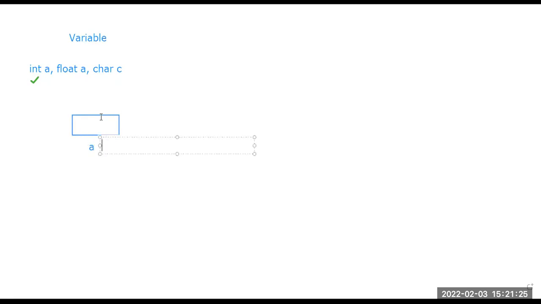Suppose the memory address of a is 001. This is just an assumed number, as a concept. So a is my variable, holding a memory position whose address is 001, and maybe we have put some value into that position, suppose 10.